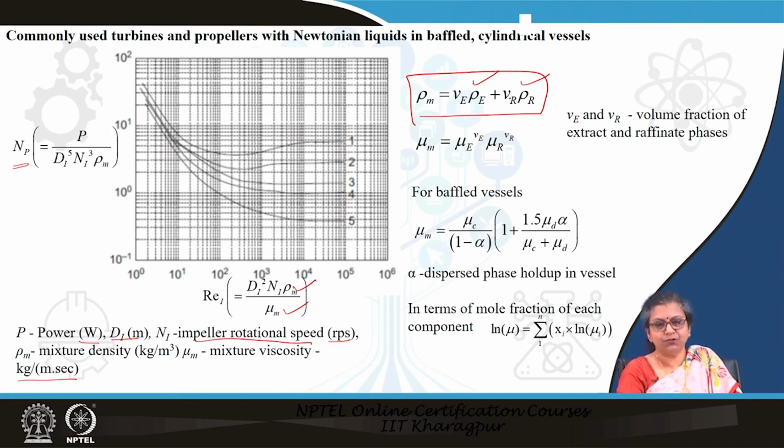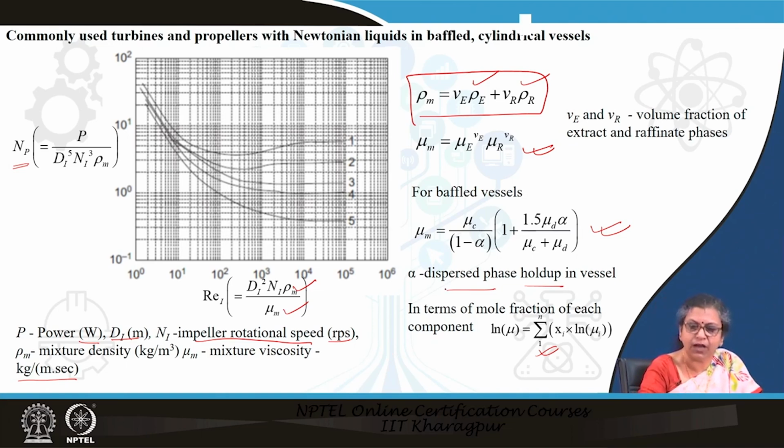That is the reason you will find that here I have expressed mixture viscosity in three different relationships. The first one expresses mixture viscosity in terms of volume fraction of extract and raffinate. The other one expresses it in terms of the hold up of the dispersed phase in the vessel, and the third one expresses the mixture viscosity in terms of mole fraction of each component. Depending upon the data which is available, we can select any one of them.